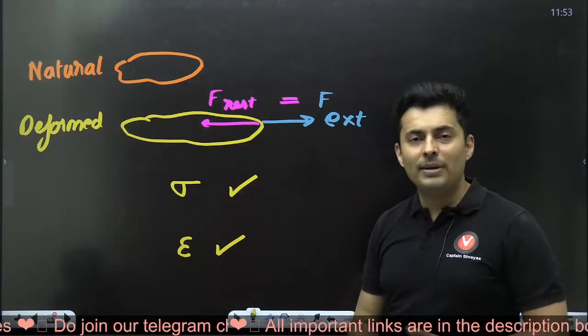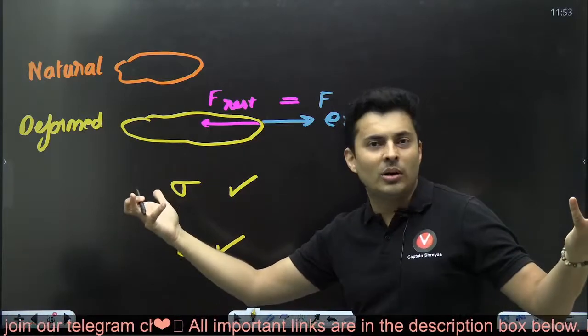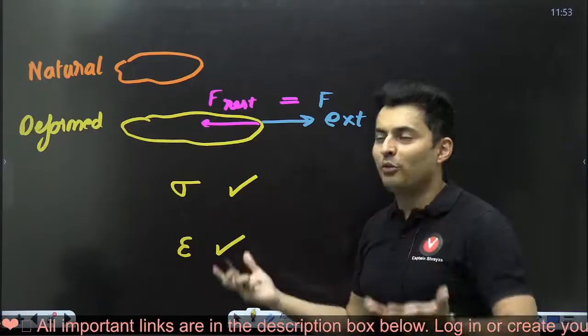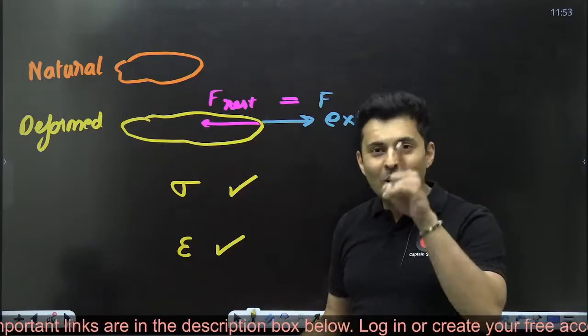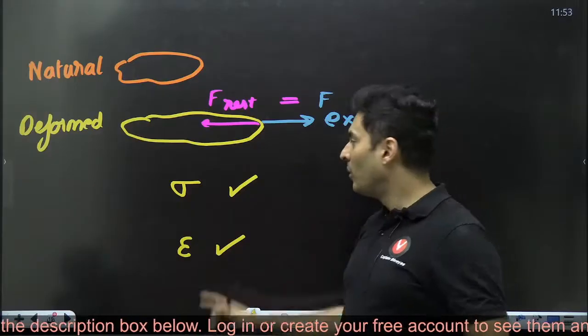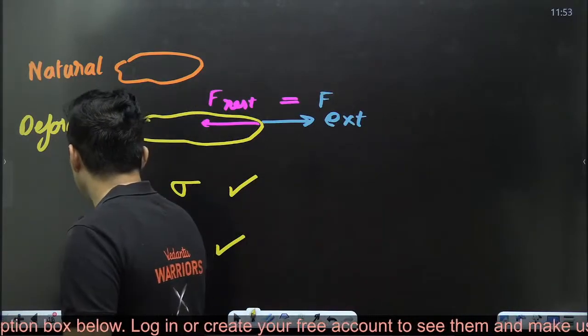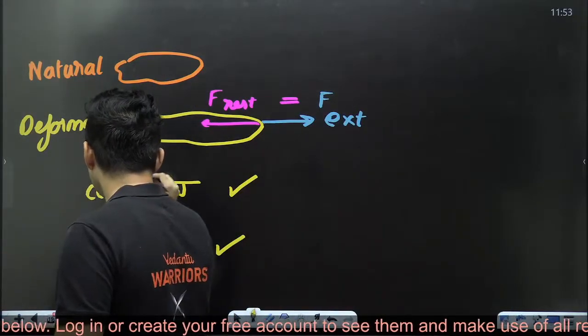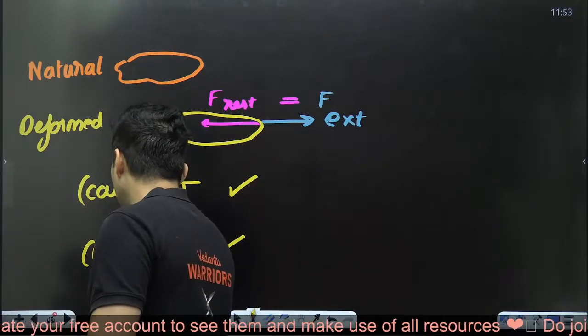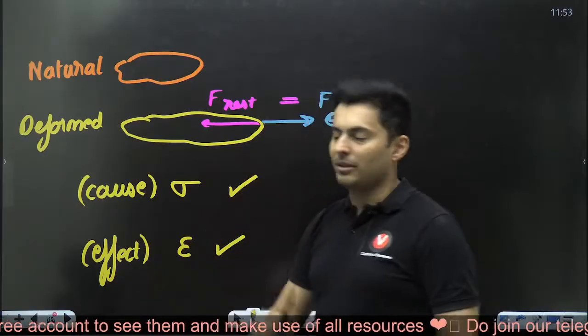It's not going to happen that the body on its own got elongated. It won't say, "Oops, I got elongated, hey, apply a force on me." No, you apply force, I will elongate, there will be strain. So understand, this is always the cause, and this is always the effect of that cause.